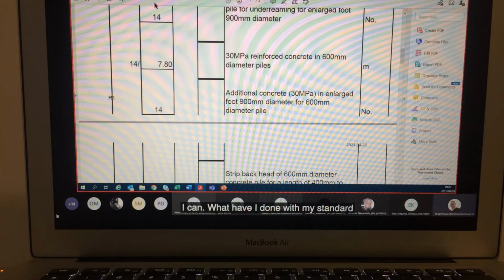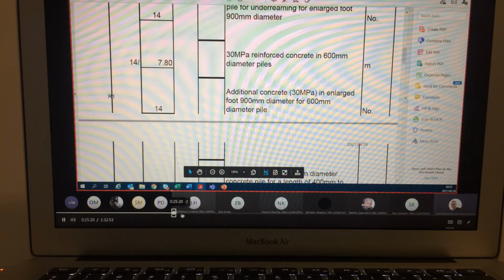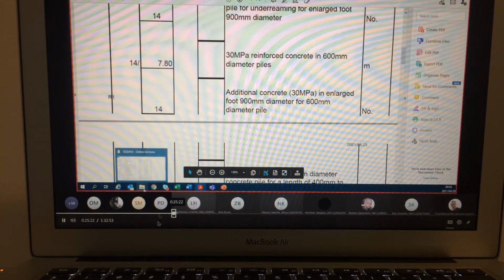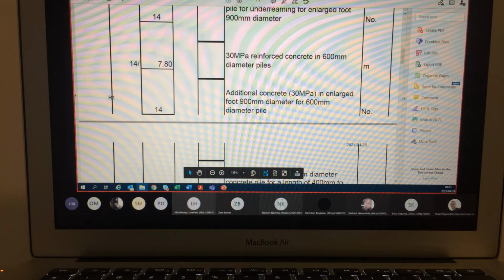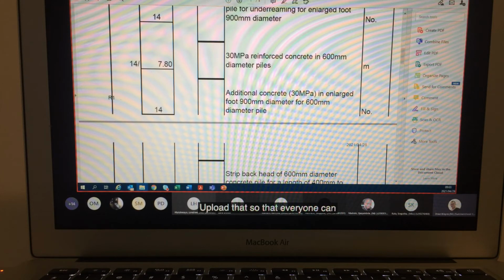What have I done with my standard system, electronic standard system? Let's see that here. Okay, but that is on. Should maybe just upload that so that everyone can follow where I am.